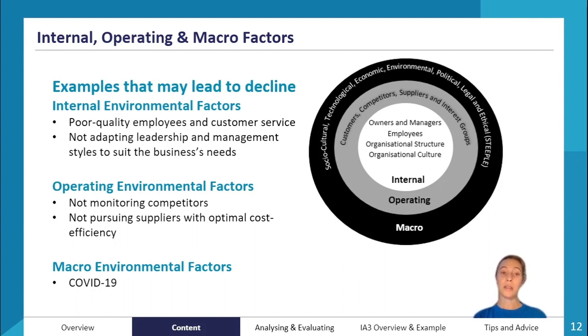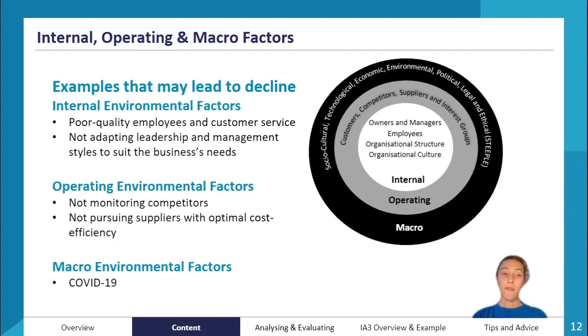Yes, a business may have poor quality employees, but that doesn't necessarily mean they're in decline. It's how bad it is that's going to determine whether they are going to decline as a result. There are plenty of businesses out there that have lots of complaints and people aren't happy, but they still generate enough revenue to continue operating as is, and they haven't entered that decline phase.